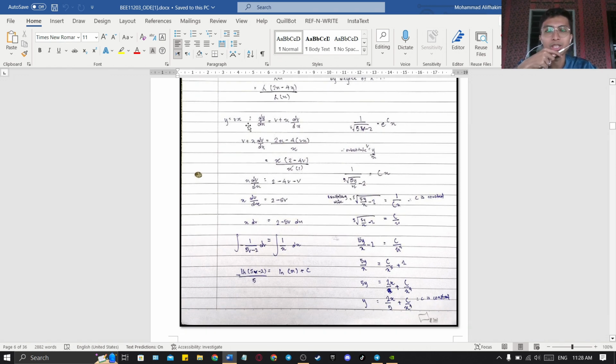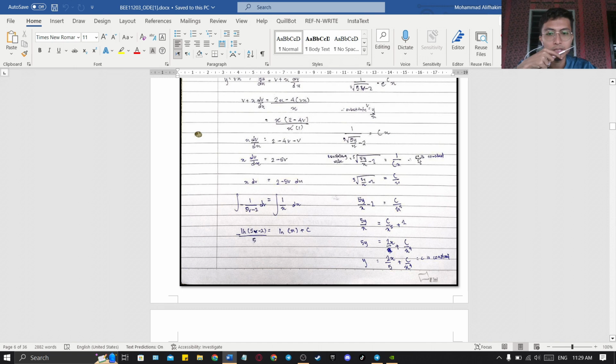So we proceed by using the homogeneous method, which is y equals vx. We apply it, and then we substitute v equals y/x, and we can get the general solution, where c is a constant. Whenever you divide, multiply or add, it will still be a constant c, so no effect.